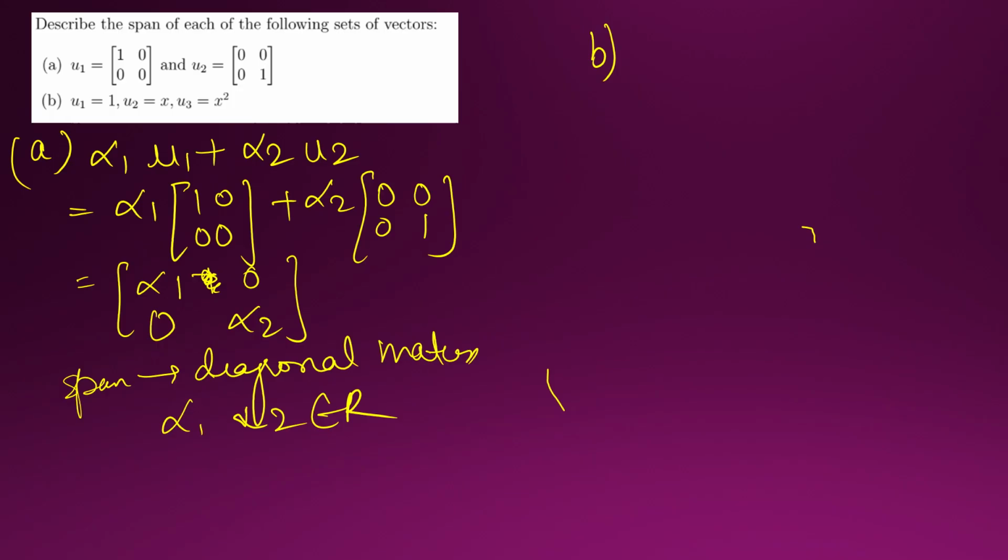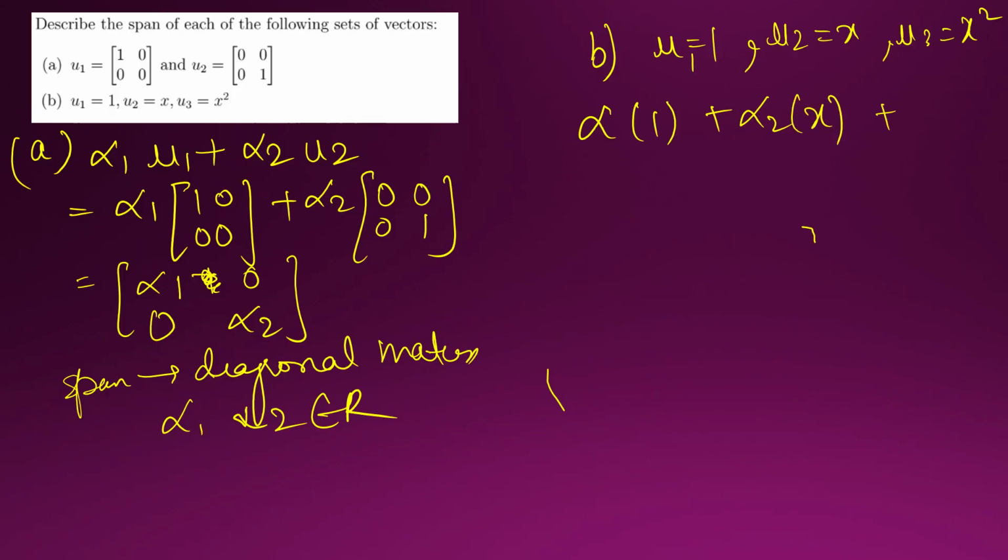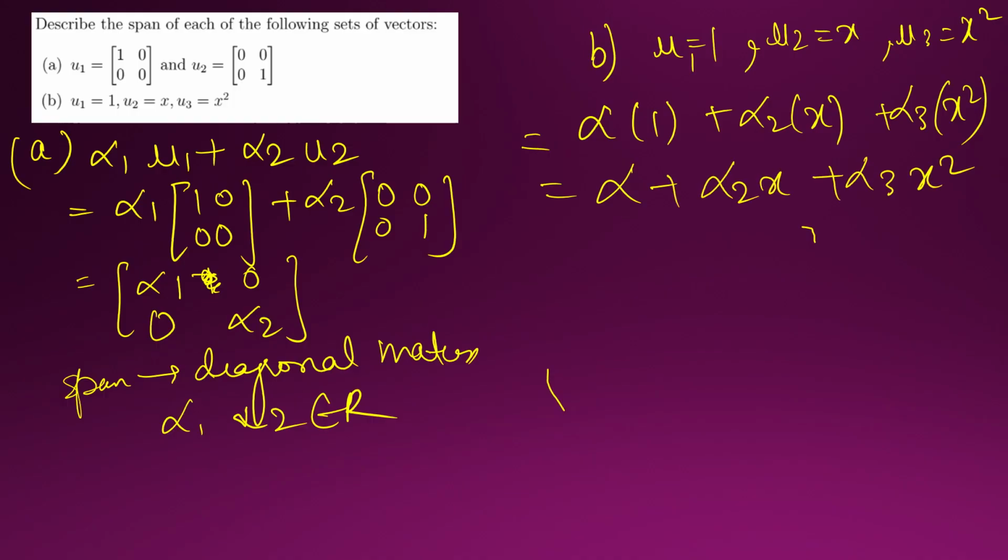Then your second part, u1 is equal to 1, u2 is equal to x, and u3 is equal to x square. So alpha 1 into 1 plus alpha 2 into x plus alpha 3 into x square. So this is showing alpha 1 plus alpha 2 x plus alpha 3 x square. You can also write it as alpha 3 x square plus alpha 2 x plus alpha 1.